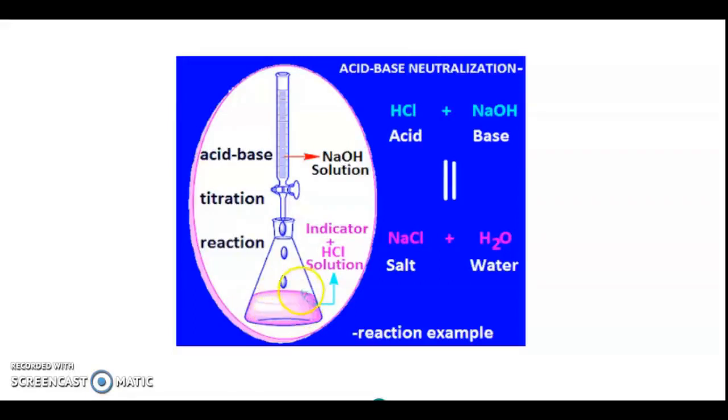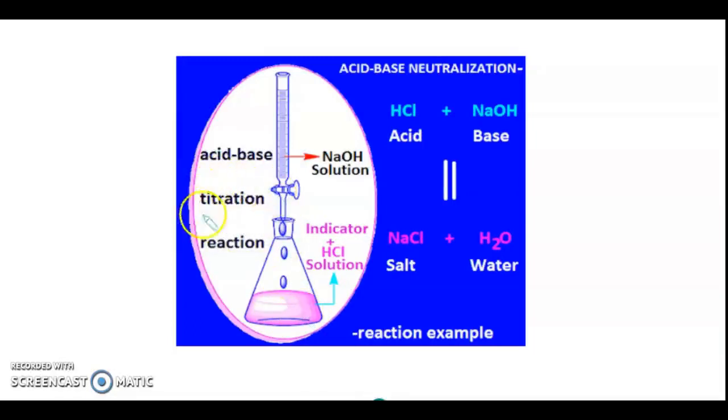The solution at the initial point is pink in color, and after adding a certain amount of drops, the whole solution turns into a transparent liquid. That's the point when we know that the solution has turned into a neutral solution.